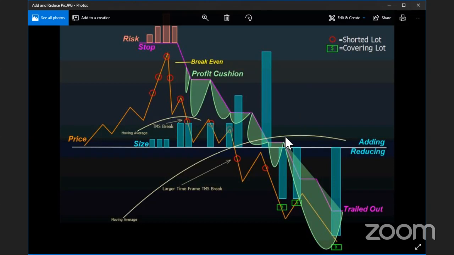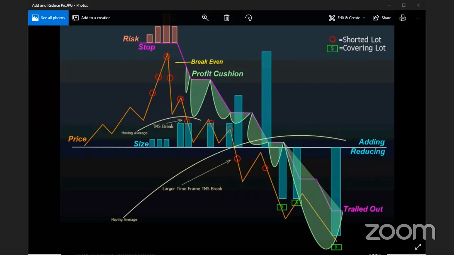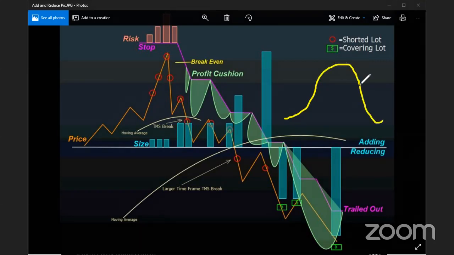When you start your trade, let me try to make sense of this crazy mess that I drew. When you think about a cycle, we'll consider this on the short side. There's a time to go contrarian, and then there's a time to stay with the trend.